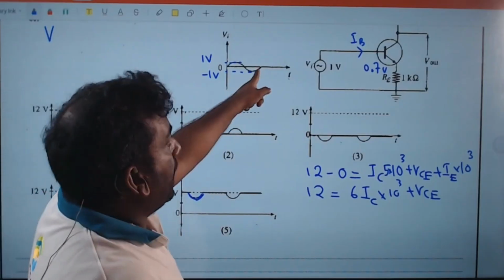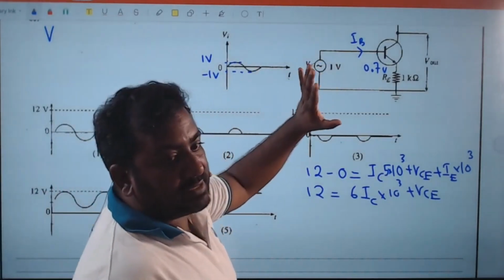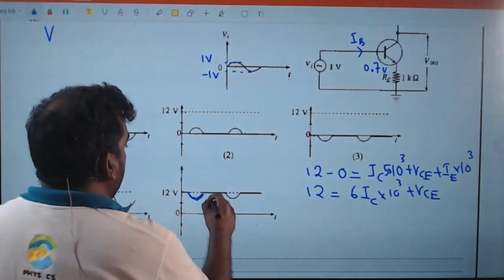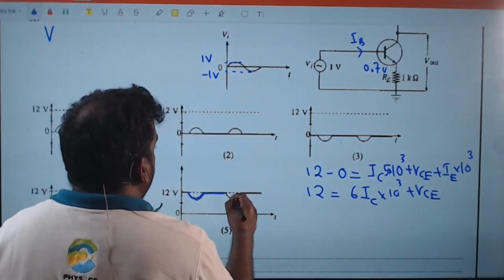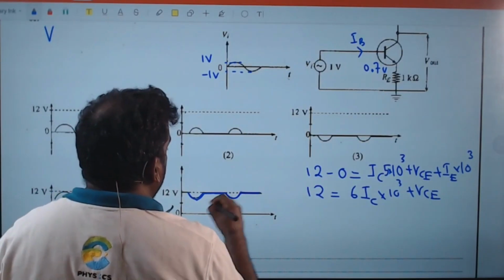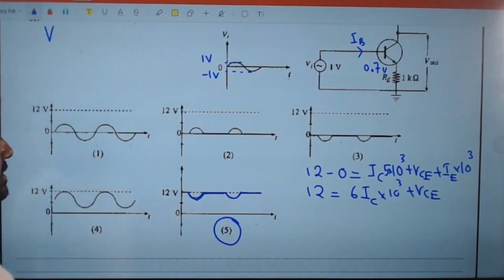What about the negative part? In the negative half, it doesn't work. So 12 volt. Again positive half, reduction. So the correct answer is answer number 5.